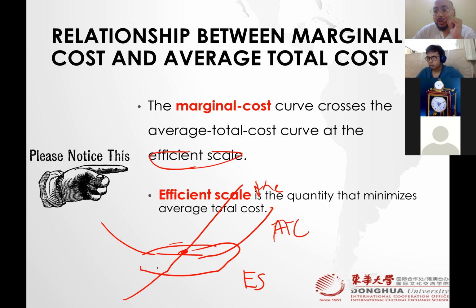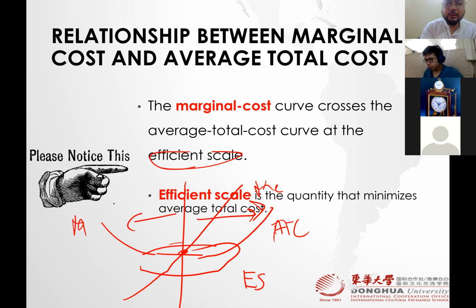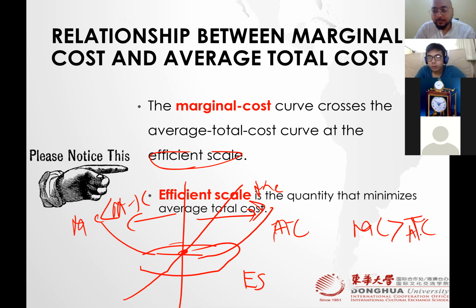And then you realize that on the left side, increase production. If you are on the right side, decrease production, because on the left side MC is less than average total cost. On the right side, it is greater than average total cost. Okay.